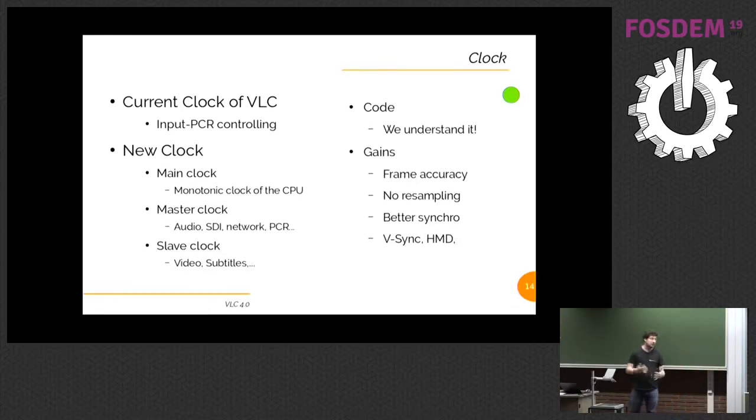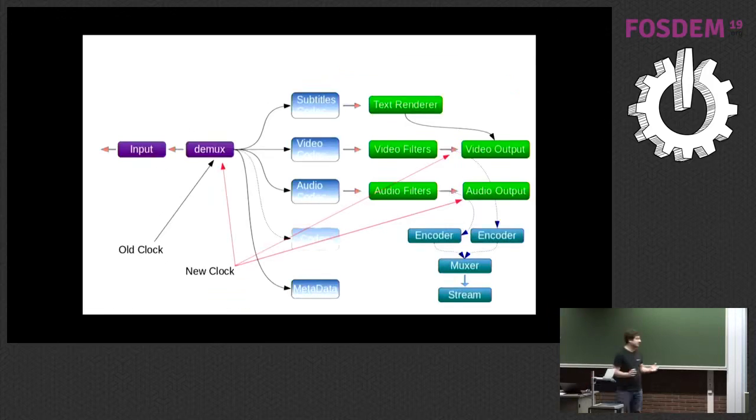So this is going to help us because it's mostly going to give us, of course, no resampling all the time, better synchronization, vsync, and so on, but especially frame accuracy. Because basically, the old clock was around the input, right? And then in order to know what we are playing, you have the whole pipeline of codecs, which of course are all instantaneous, and video filter and video output.